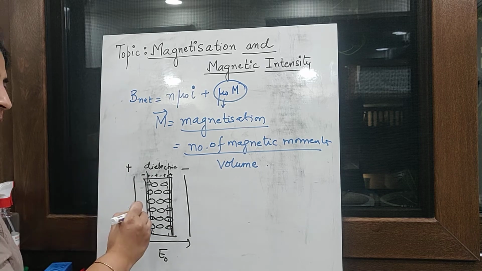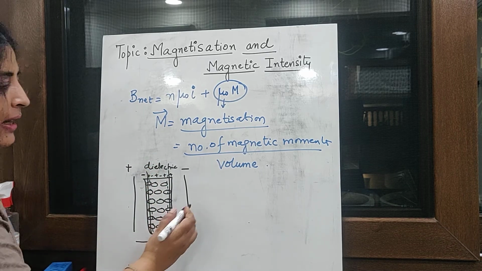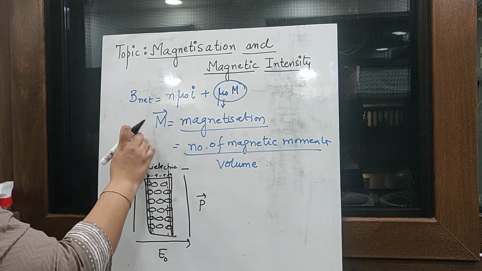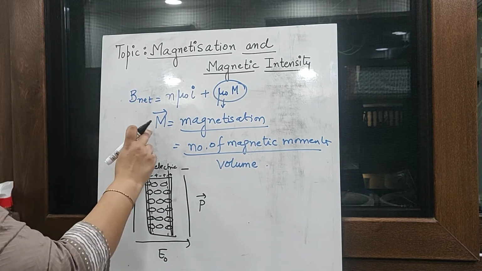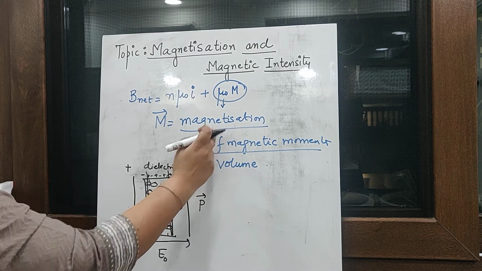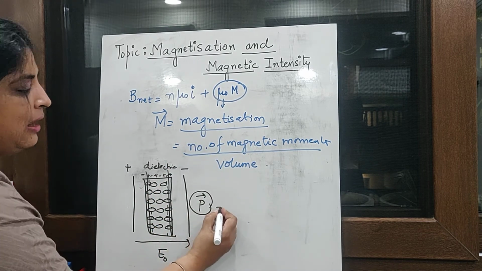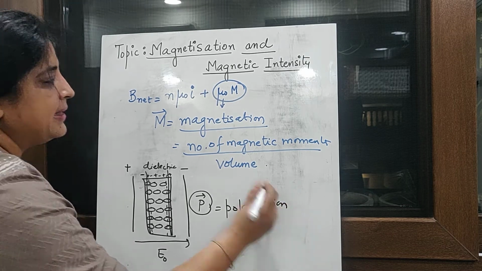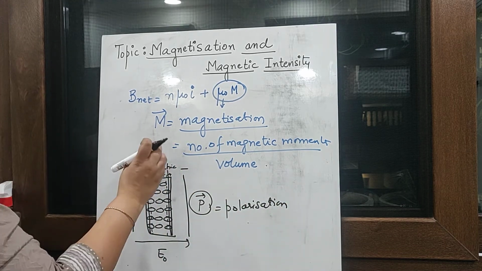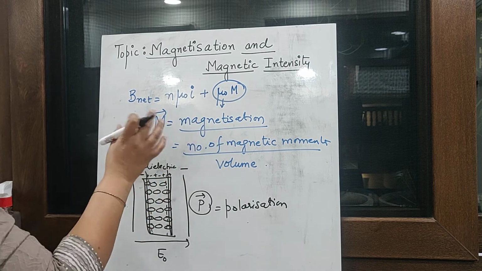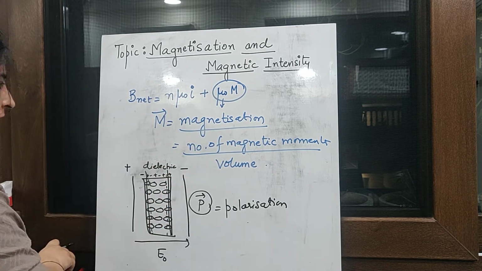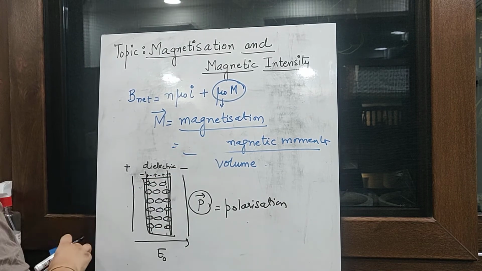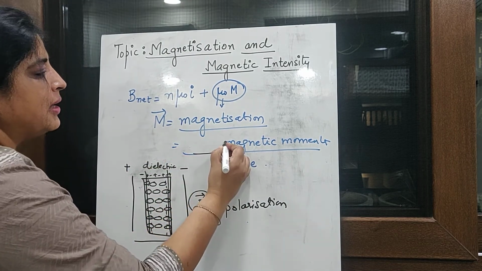So the same thing which you have learned in electrostatics as polarization of a dielectric slab, here in magnetism we are learning about magnetization. There the symbol was P, polarization, and here the symbol is M, magnetization. Magnetization is the magnetic moment developed in the material per unit volume of the sample whichever is given to us.